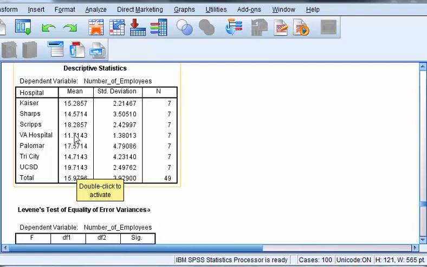So in other words, if I take 19.7 and I subtract 11.7, that's 8. And I take the average of these, which is roughly 3, divided by the square root of 7, which is roughly 2.3. So the standard error is somewhere around 1.5. And 8 divided by 1.5 is much bigger than 2. So, yeah, there's going to be a significant difference in there. For sure, I would bet $1.